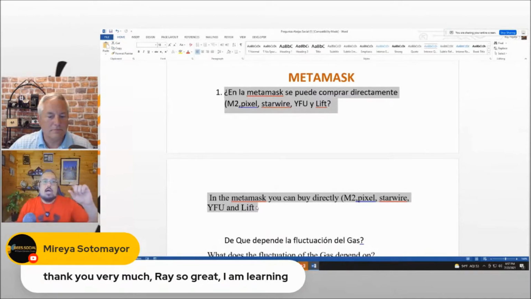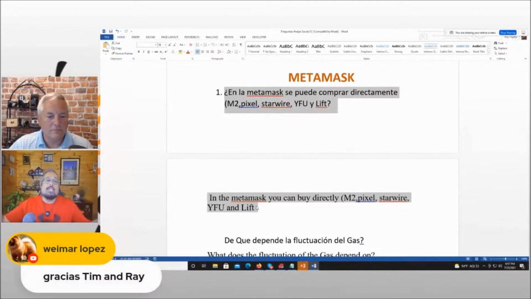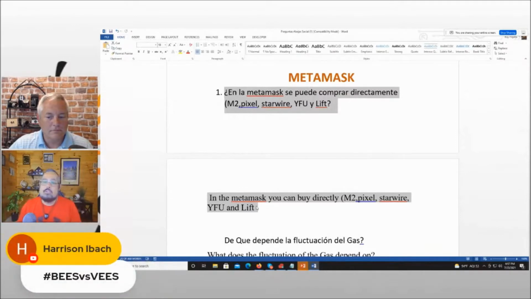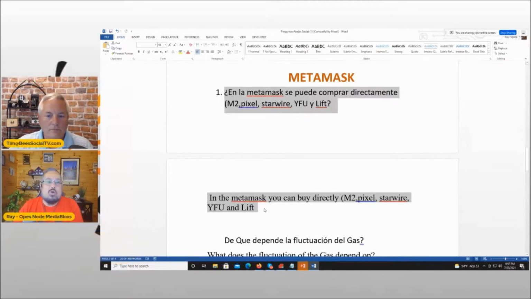You can do a Coinbase wallet, you can do a MetaMask wallet, and there are some other selections in there. Most of us select MetaMask. When you connect your wallet, now you can buy M2, Pixel, Starwire, Wafu, and Lyft. You'll buy it on our exchange, and then it goes into your MetaMask wallet, and that's where it stays. It sits there, okay? Your wallet is like your bank. You are the bank.